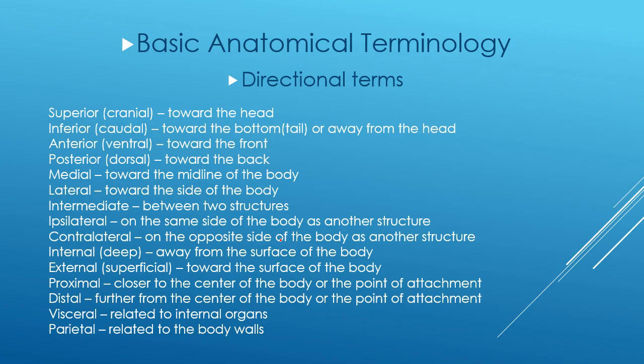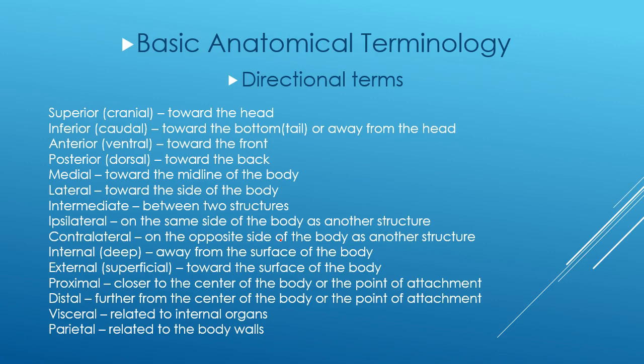Okay, ipsilateral, contralateral, those aren't going to be used too often, but ipsilateral means on the same side. Contralateral is the opposite side. Internal, external, we usually use these in our daily lives anyway. So internal is going to be something deep, so away from the surface of the body. External is going to be towards the surface of the body. Proximal and distal, these are pretty specific to our appendages, our upper and lower limbs.